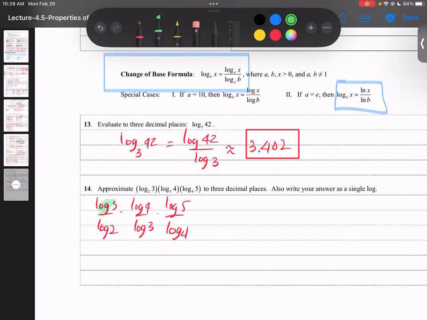I can cancel that one with that one, and that one with that one. So it equals log 5 over log 2, which is the same thing as log base 2 of 5. Actually, no, don't write it like that. Maybe you can punch it in your calculator because base 10 is now a good thing. I'm done.